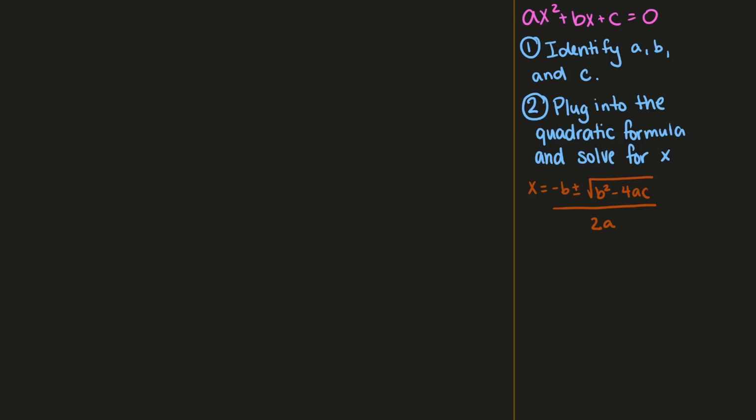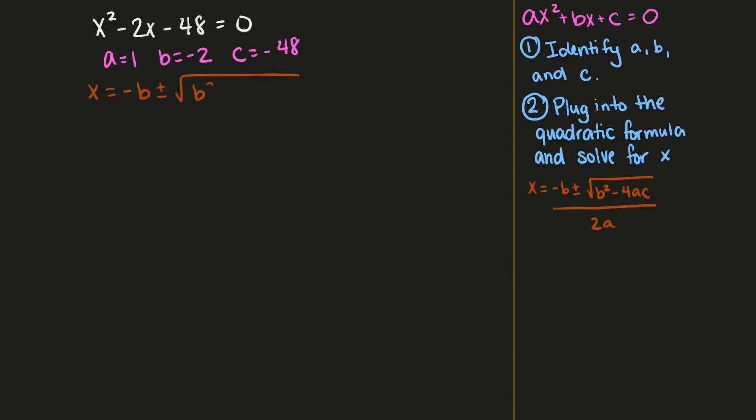And now for our fourth example, x squared minus 2x minus 48 equals 0. Our a is 1, b is negative 2, and c is negative 48. Again, let's write out our quadratic formula. So x equals the opposite of b, plus or minus the square root of b squared minus 4ac, all over 2a.